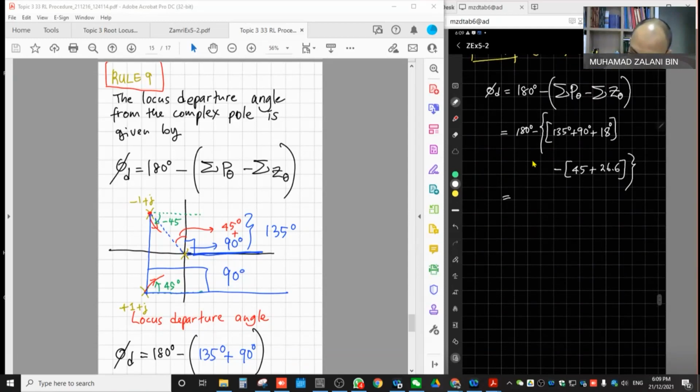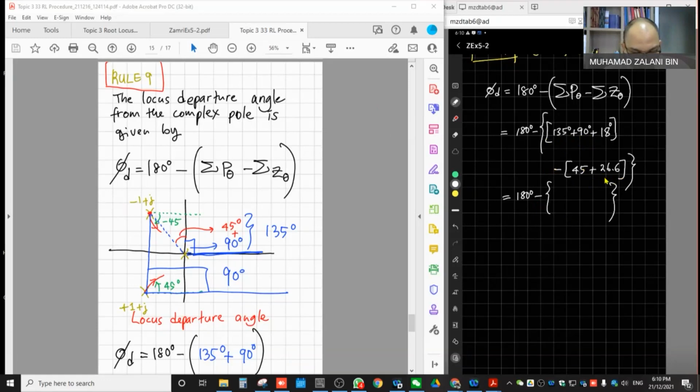So from here we have 180 degree minus apa? So saya buat kurungan ya. Kirakan yang dalam ni lah. 135 tambah 90 tambah 18 tolak 45 tambah 26.6.